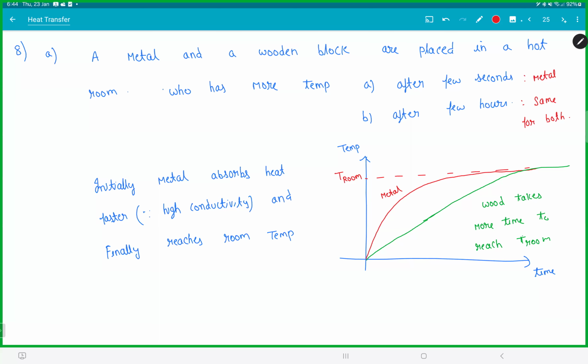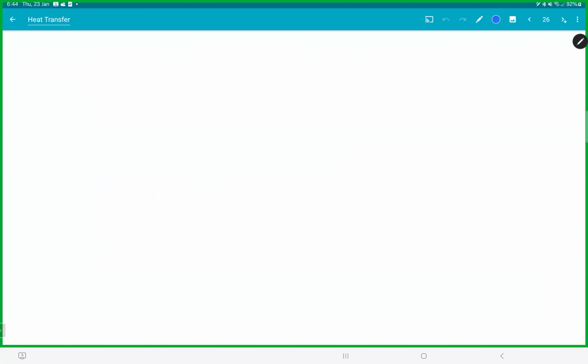Next one. Suppose we have a container which has boiling water.